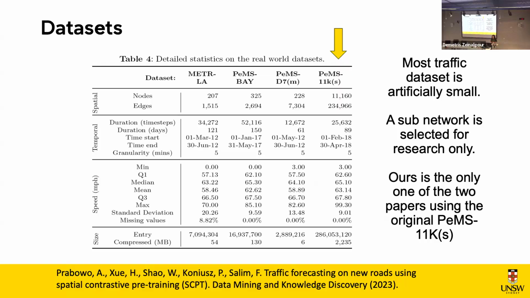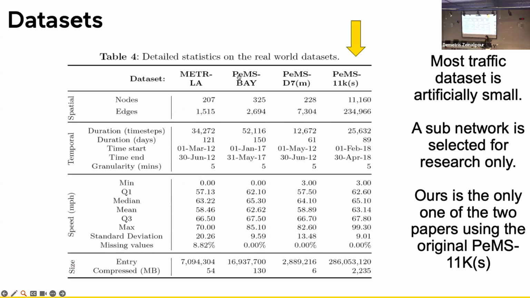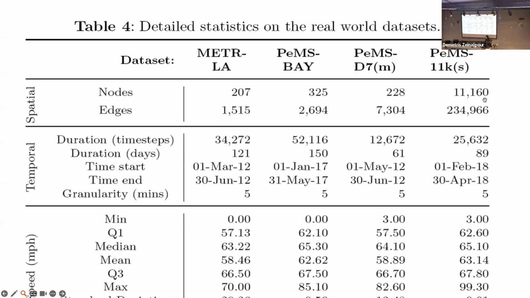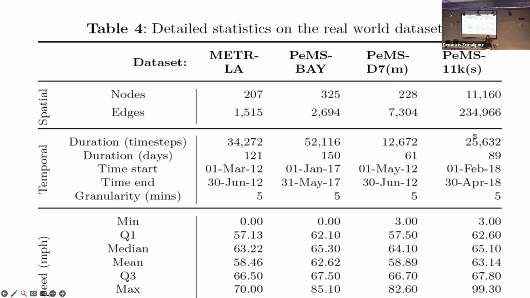The popular datasets for traffic flow forecasting that have been used in many papers in KDD, in NeurIPS and all that, are very much a subset of the real data. So the original PeMS data has 11,000 nodes and nearly 240,000 edges. A lot of the papers are using the research subset, which is this one.